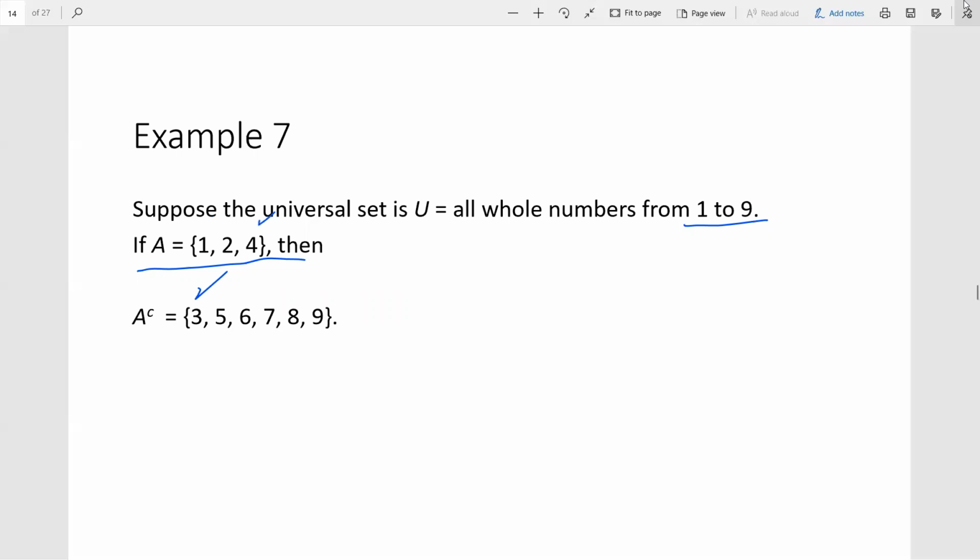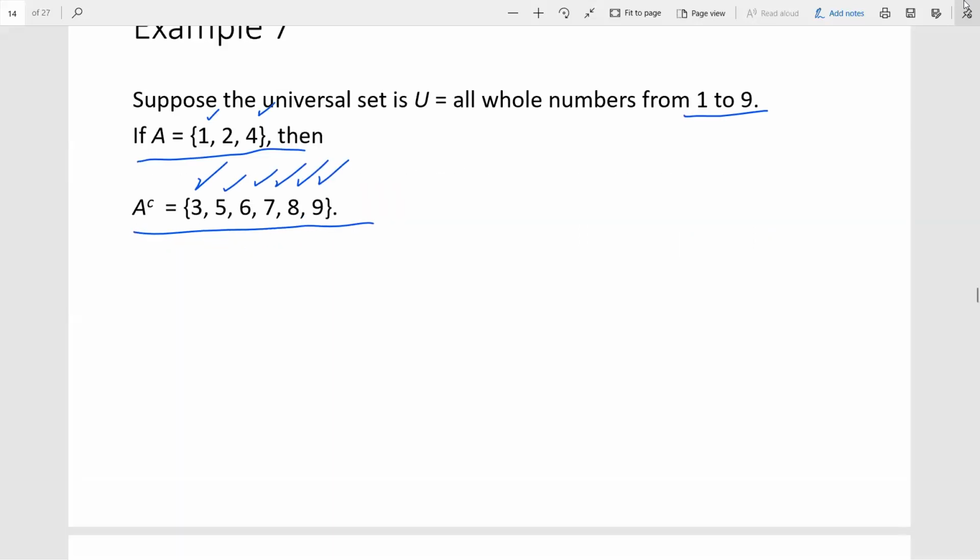We'll skip 4 and 1, of course, and then pick up all the rest of them all the way to 9: 5, 6, 7, 8, and 9. So this is A complement. I suggest you all do this as I'm doing it. Pause the video, take notes, and see if you can produce the same answers I'm producing here.